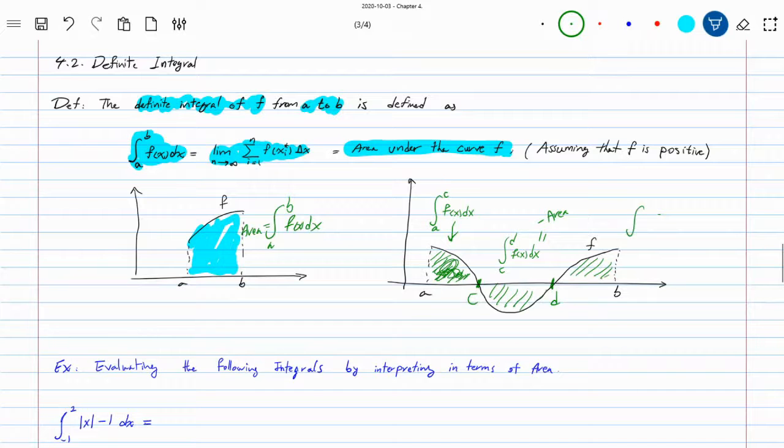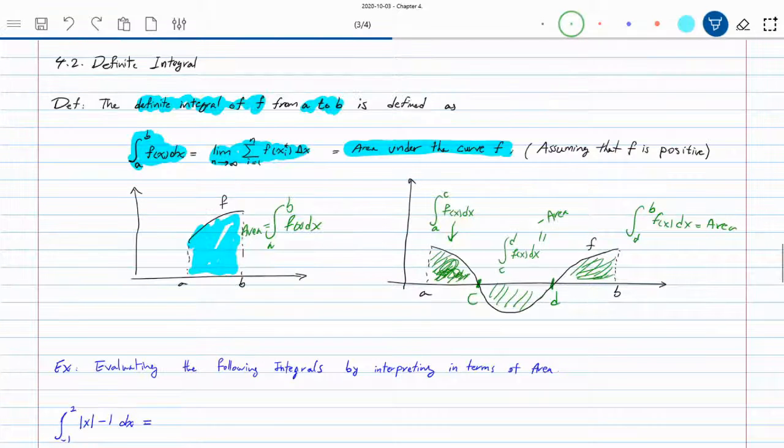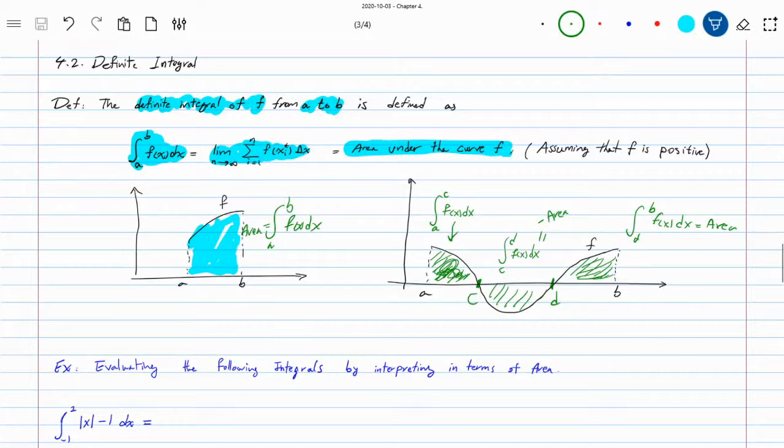So if you write the integral from D to B of f of x dx, this means it is the area from D to B, the area under the curve in the positive section. So if the curve is above the x-axis, the integral becomes positive. If the curve is below the x-axis, the integral becomes negative. So this definite integral represents the area exactly if it's above, and if it's below, it's just given a negative sign.